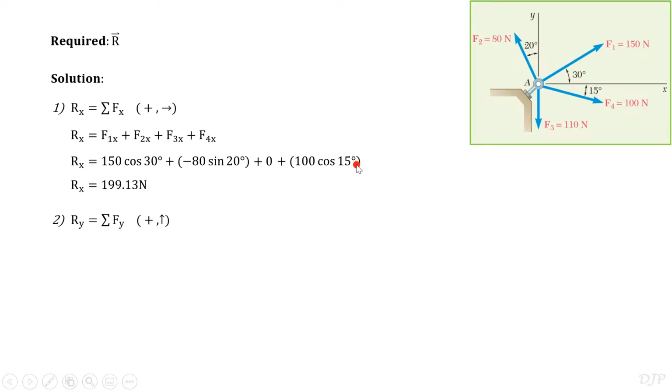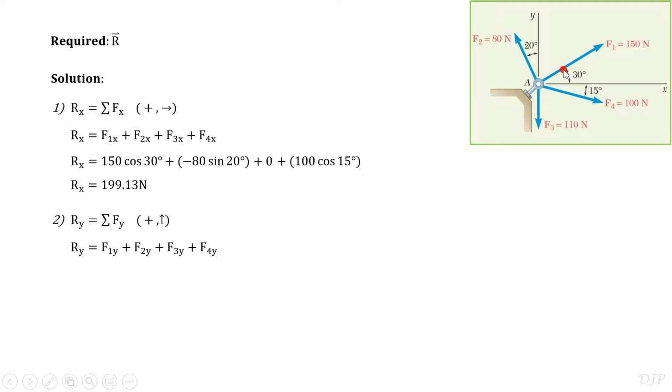For the second step, let's denote upward direction as positive. Then, the same with the first step, we express this summation as follows. This time, y is included in their subscript to denote that they are y components of the given forces.